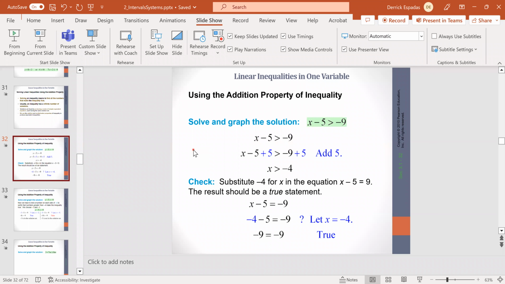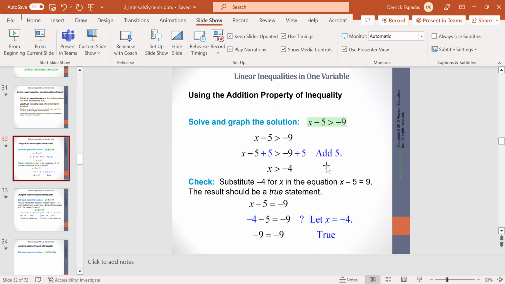Now we want to get x by itself, and we have this -5. The opposite of subtraction is addition, so we're going to add 5 to both sides. -5 plus 5 cancel each other out. We're left with x, which is exactly what we wanted. We have to do it to the other side: -9 plus 5 is going to give us -4.